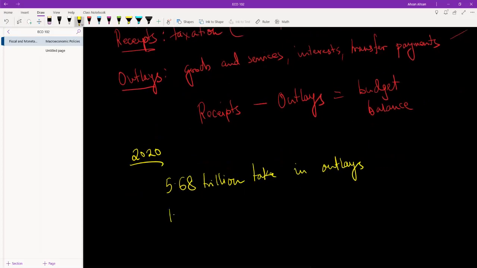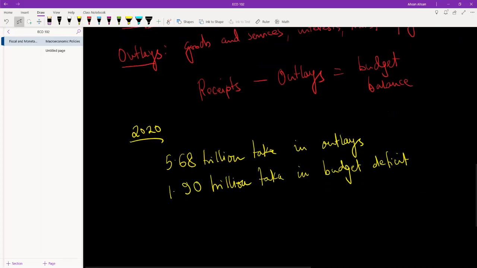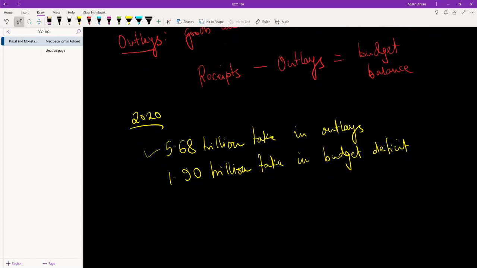And there was 1.90 trillion taka in budget deficit. So effectively what this means is that during the year, the government planned to spend 5.68 trillion taka, and at the end of the day, the government projected that they will overspend their receipts by 1.9 trillion taka.